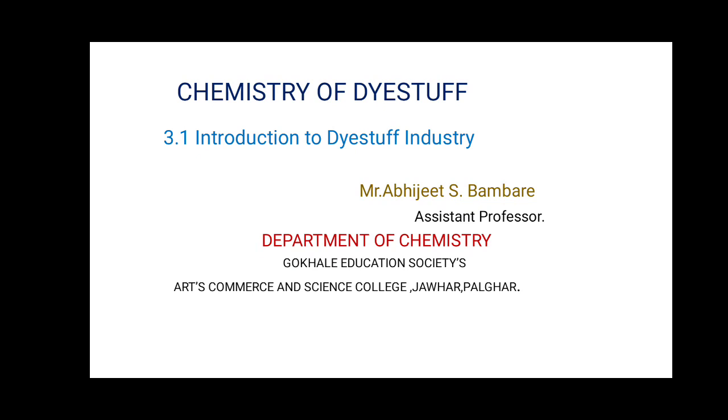For example, the Bhimbetka caves in Bhopal, Madhya Pradesh. The colors used in the cave paintings were extracted from plants and organisms. Thus color plays an important role in the life of human beings.